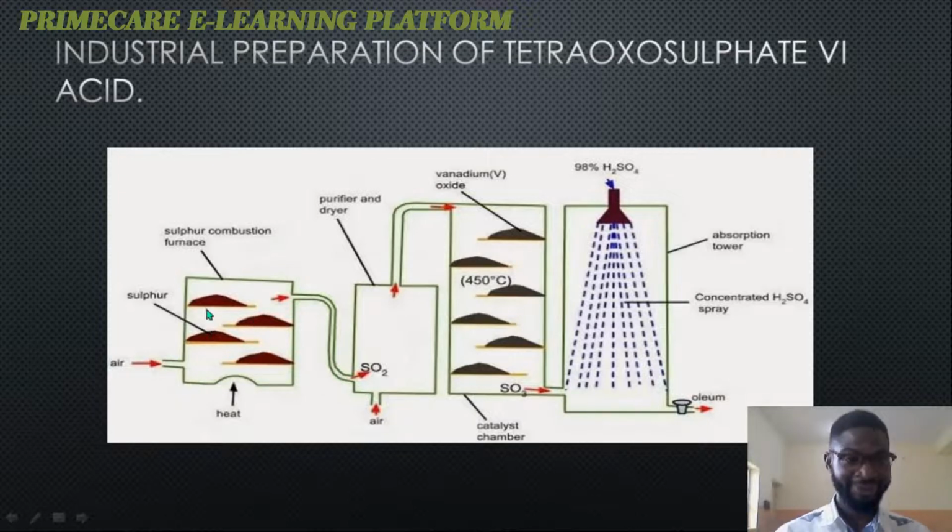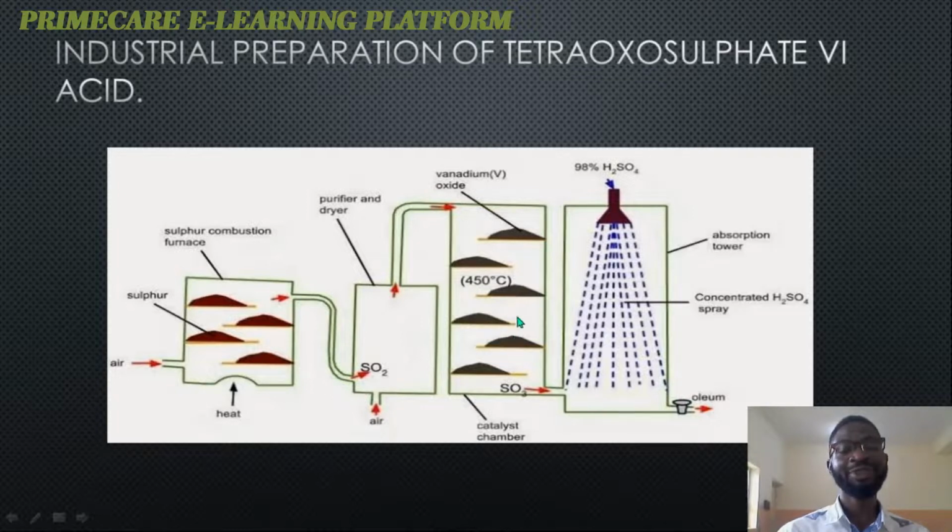4 stages. The stages include the combustion furnace stage, where sulfur is burned in the presence of air to produce sulfur 4 oxide. This sulfur 4 oxide is then purified and dried in the purifier and dryer chamber, and is then transferred to the catalyst chamber, where it is heated to a temperature of about 450 degrees Celsius in the presence of a catalyst called vanadium pentaoxide.